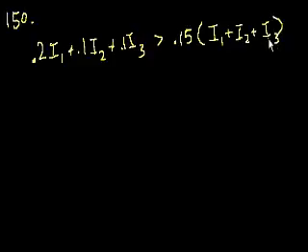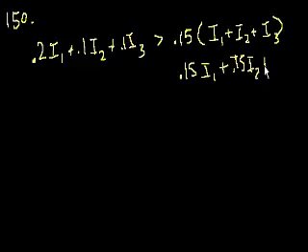And I think we can simplify this, because if we distribute the right-hand side, you get 0.15 times I1 plus 0.15 times I2 plus 0.15 times I3. If we subtract 0.15 I1 from both sides, you get 0.2 minus 0.15, which is 0.05 I1.